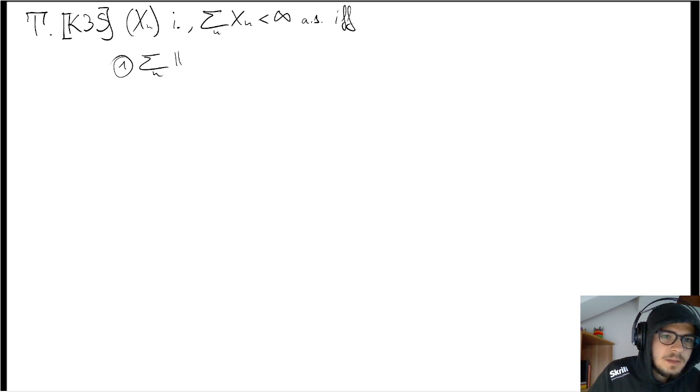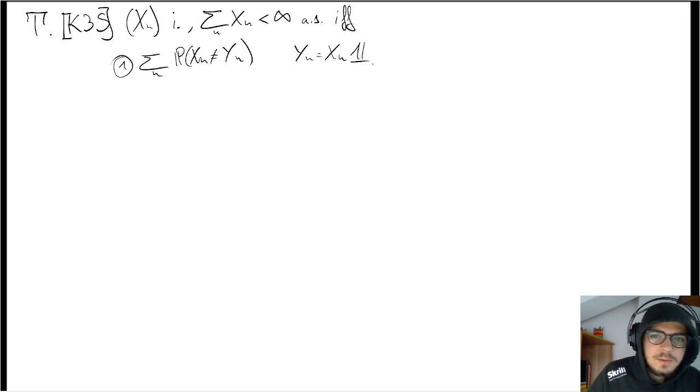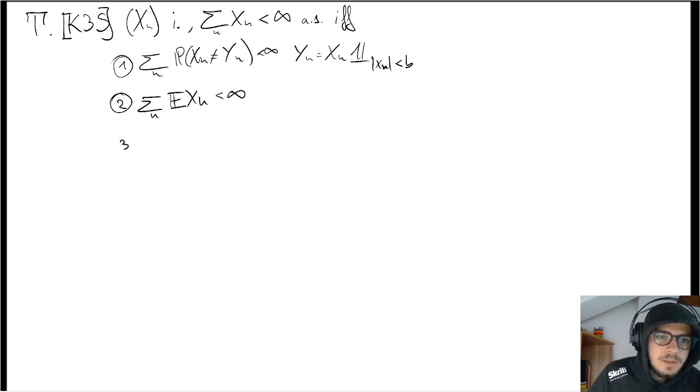The sum over n of the probability of Xn different from Yn, where Yn is Xn times the indicator that the absolute value of Xn is smaller than b. The sum of the expectations and the sum of the variances.